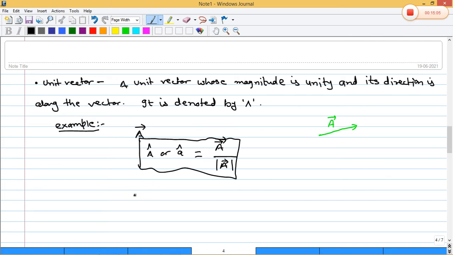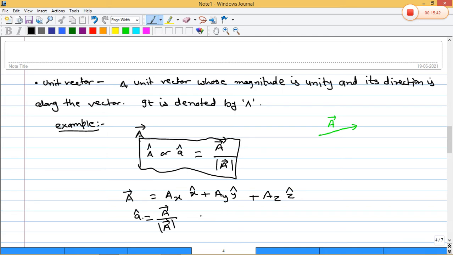Now take an example: this is a vector which has ax along x cap plus ay along y cap plus az along z cap. Then what will be the unit vector of this vector? The unit vector of this is nothing but the vector divided by its magnitude.